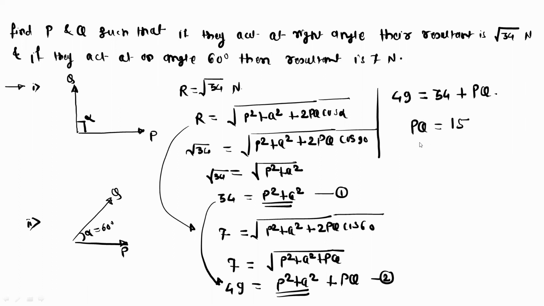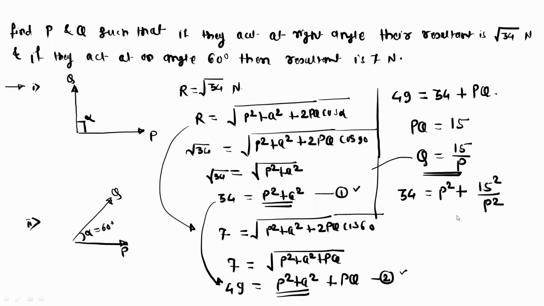Then we can write either p in terms of q or q in terms of p. Let us take q equal to 15 divided by p. Now you can put this value in either equation 1 or equation 2. Let us put q equal to 15 upon p in equation 1. We will get 34 equal to p square plus 15 square divided by p square.